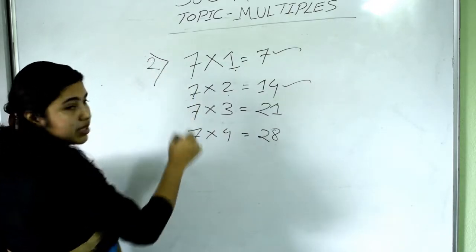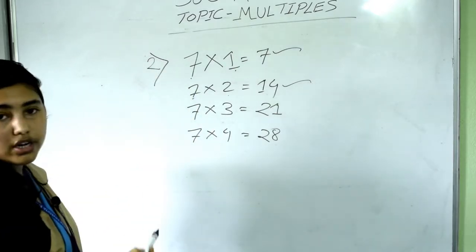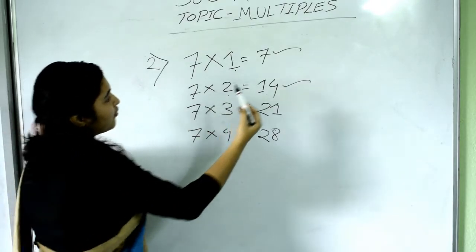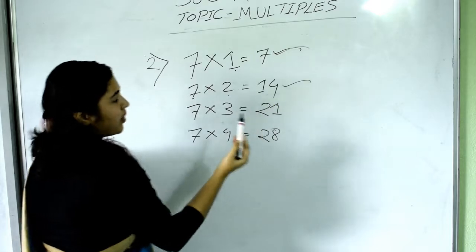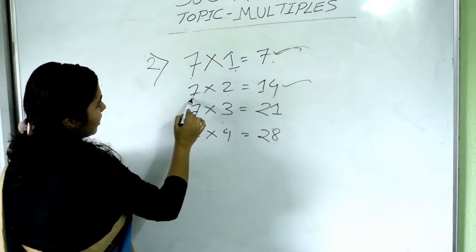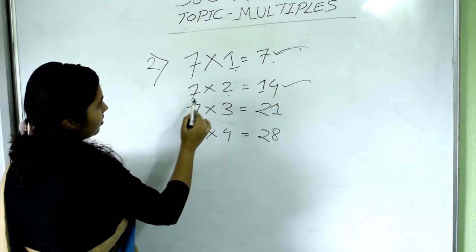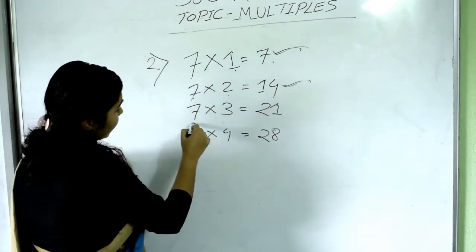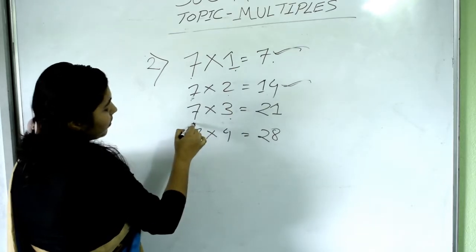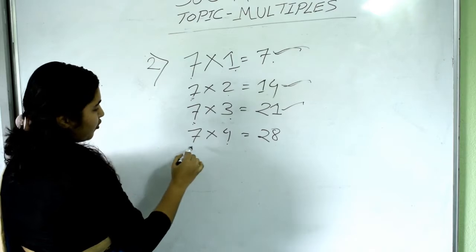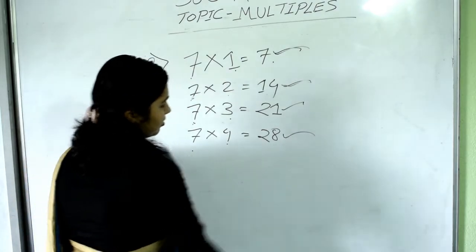That's why the multiples of an odd number are alternately odd and even. The first multiple of an odd number is always odd, but the second multiple is even. Again, the third multiple is odd, but the fourth multiple is even.